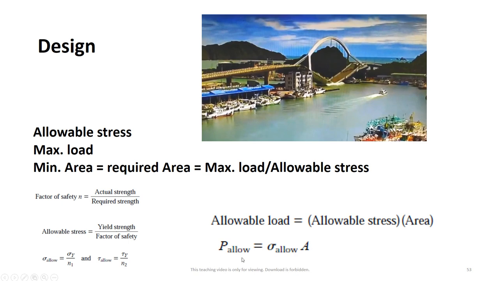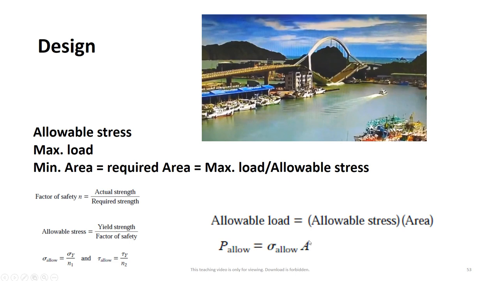That's the allowable load: allowable stress multiplied by area. How about the minimum area? The minimum area is the area that can bear the loading. So it's the maximum load divided by allowable stress. So the area should not be so small.